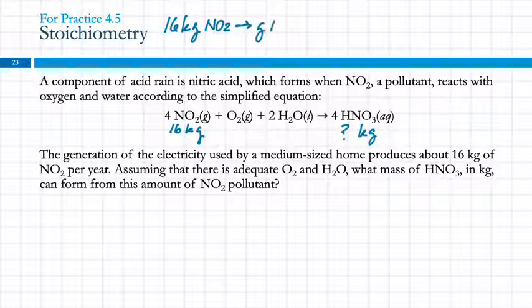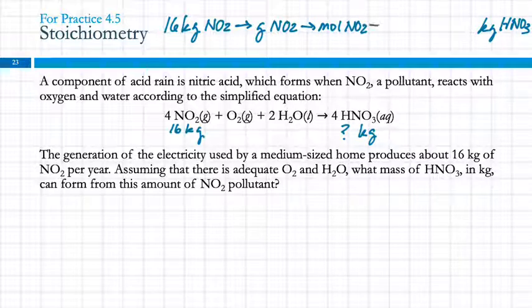So we can go to grams of NO2, and we're trying to get to kilograms of HNO3. Grams to moles to moles to grams, so grams of NO2 to moles of NO2 to moles of HNO3 to grams of HNO3 to kilograms. Wasn't quite enough space.